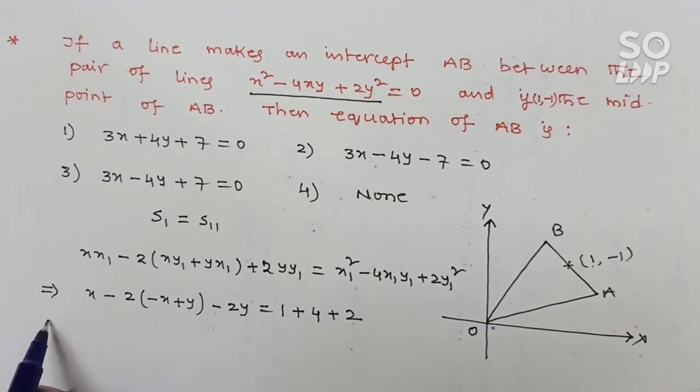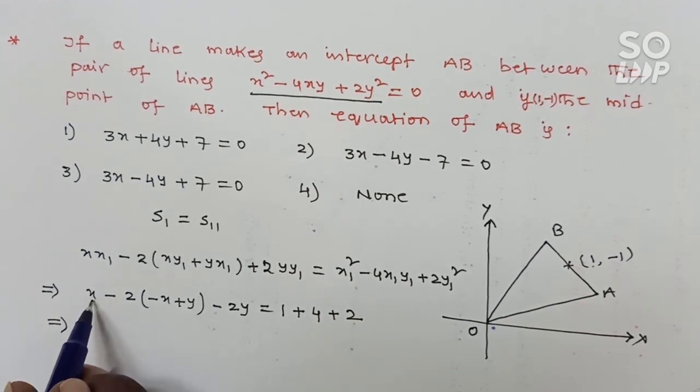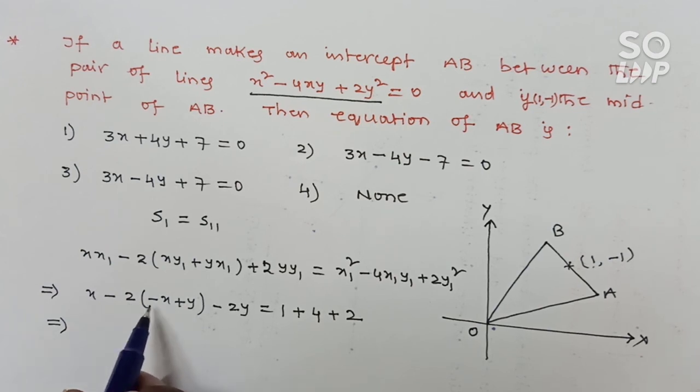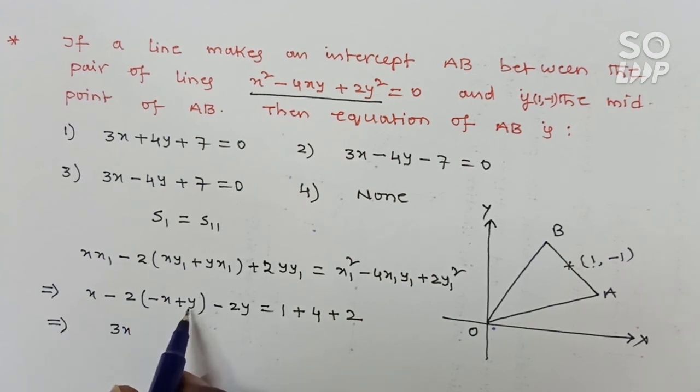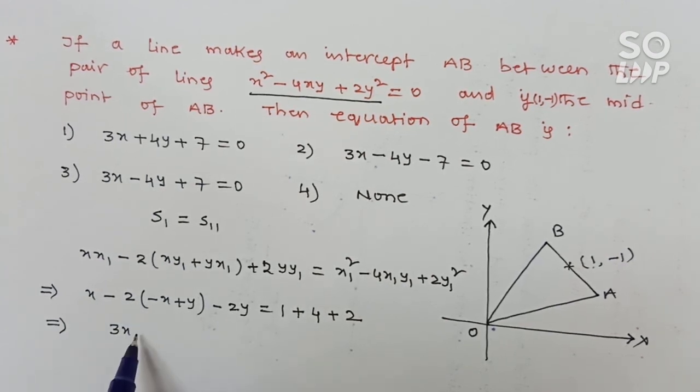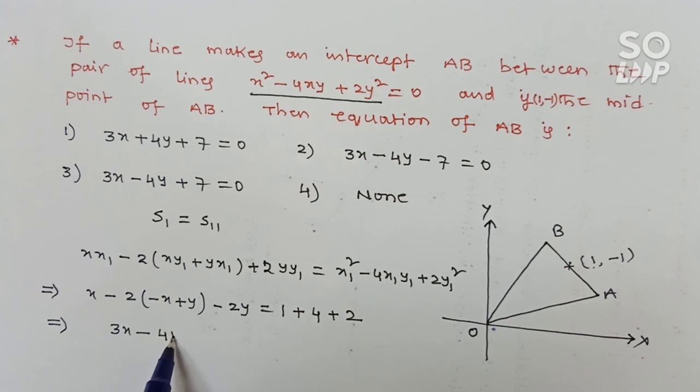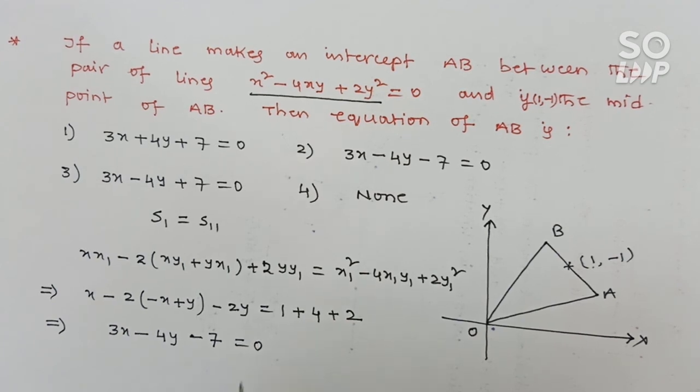Right? Now you simplify this value. x minus 2 into minus is plus 2x. That is 3 into x. Here is the minus 2y minus 2y, that is minus 4y, is equal to 7. That is, minus 7 is equal to 0.